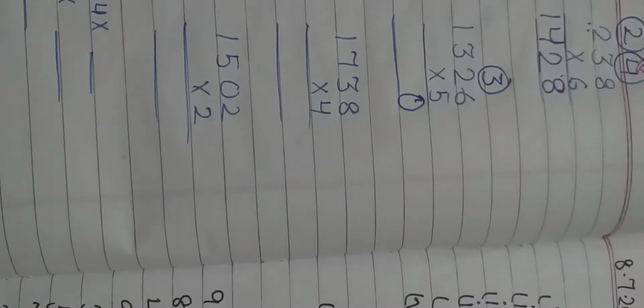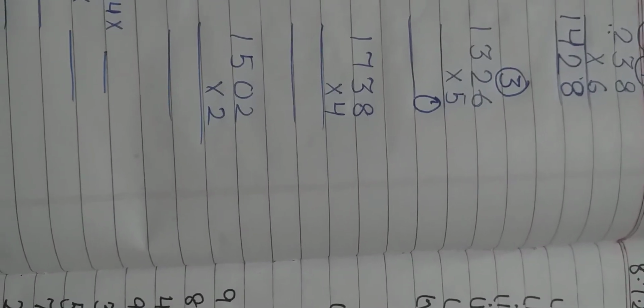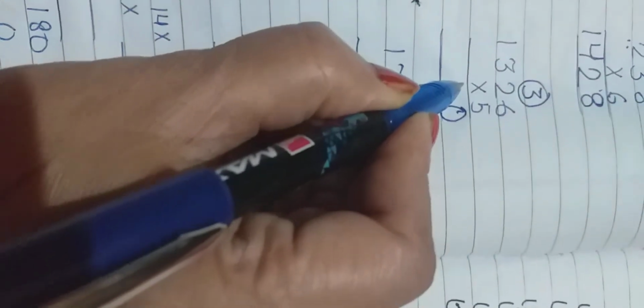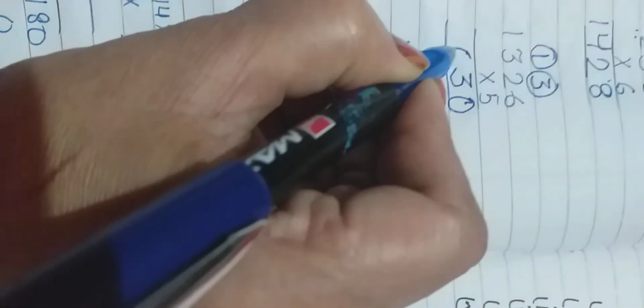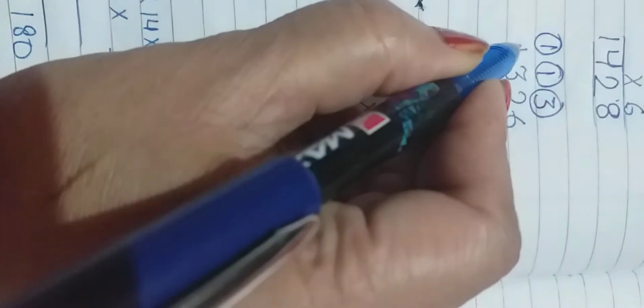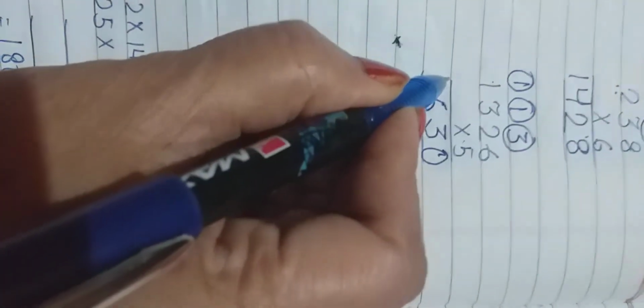Next 5 twos are 10, 10 plus 3 is 13. So we will write 3 here and carry 1 in a circle. 5 threes are 15, 15 plus 1 is 16. So write 6 here and carry 1. 5 ones are 5, 5 plus 1 is 6.